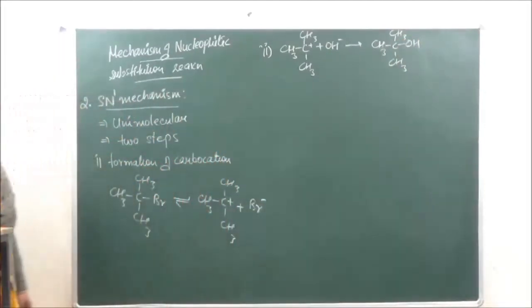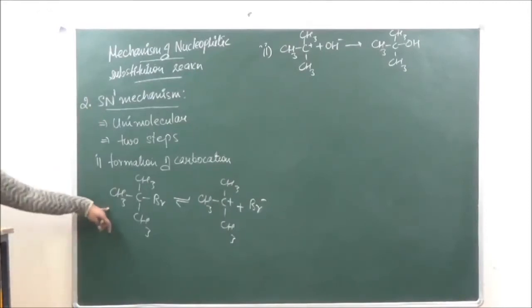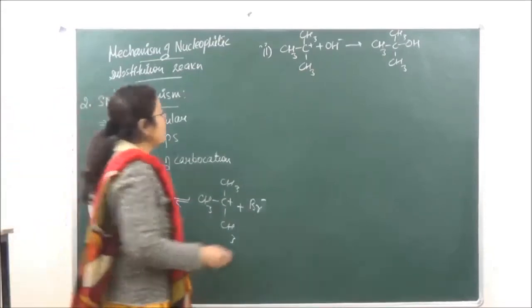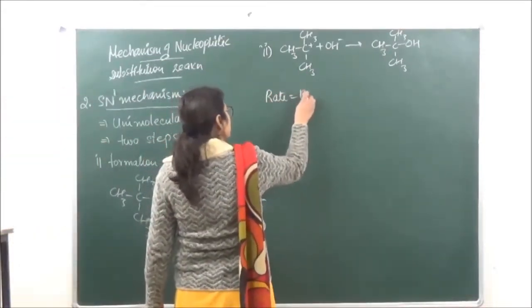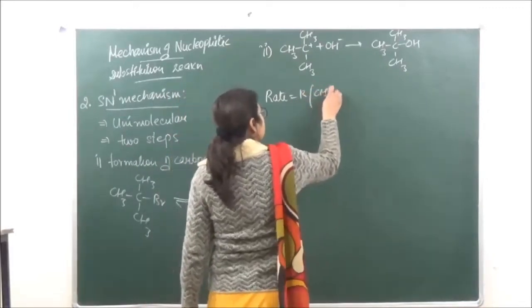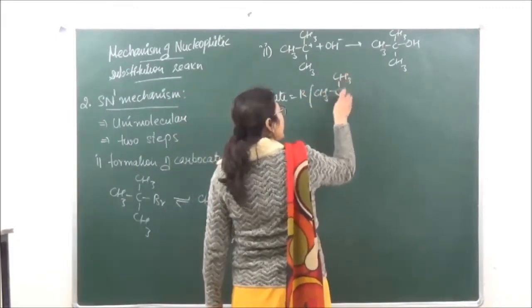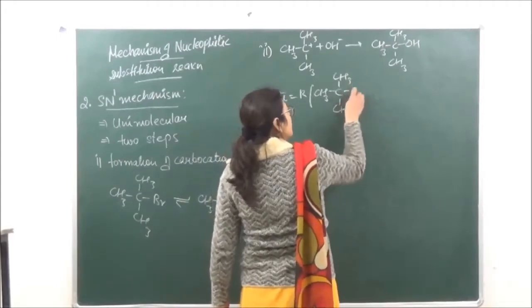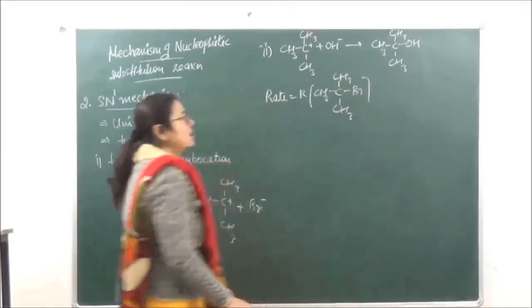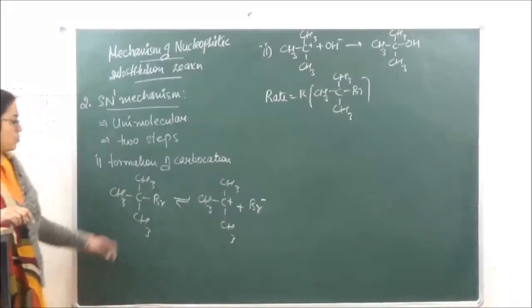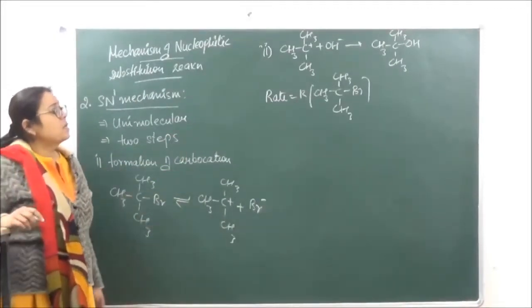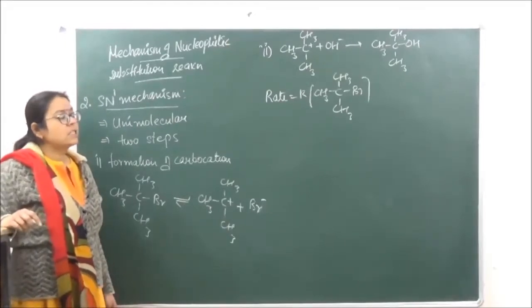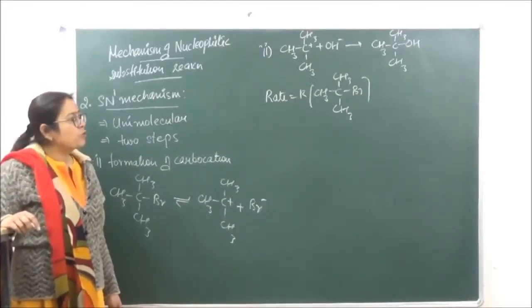Okay, now over here the first reaction is going to be the slow step and the second reaction is going to be the fast step. So the kinetics of the reaction may be written as rate is equal to K into the concentration of the tertiary halide which we are taking over here. So you can see that it is going to follow first order kinetics.